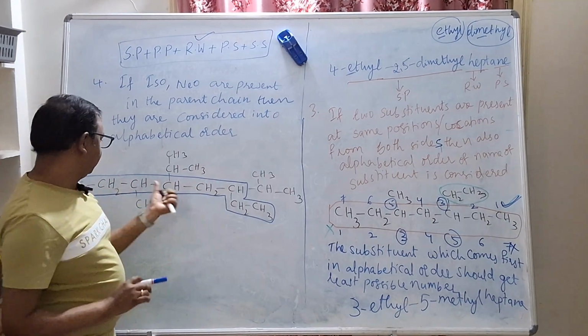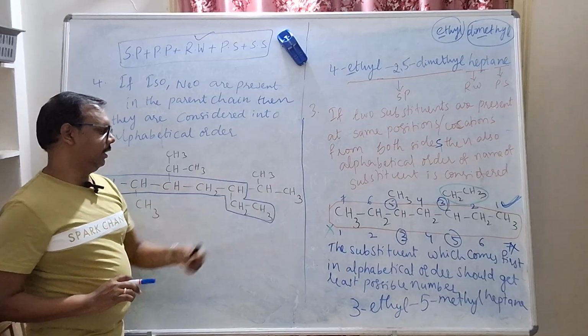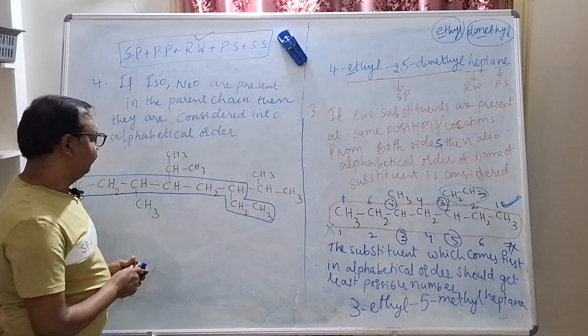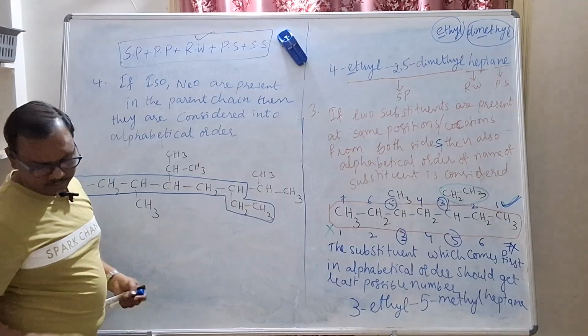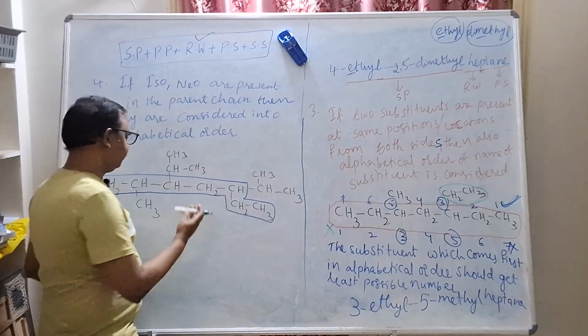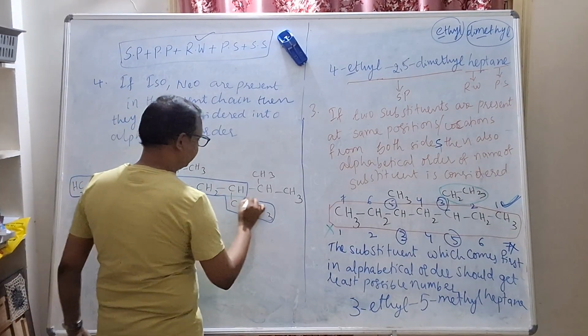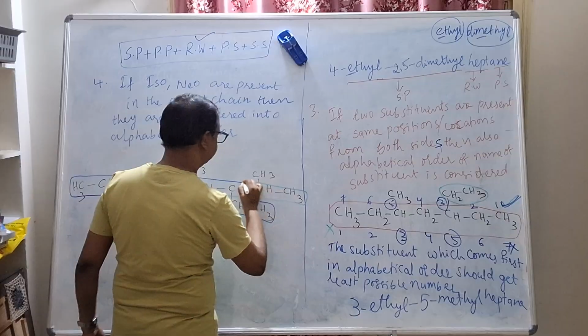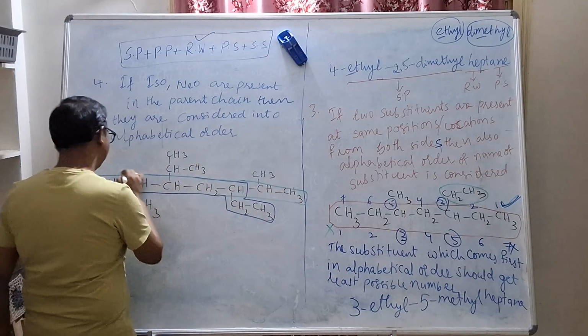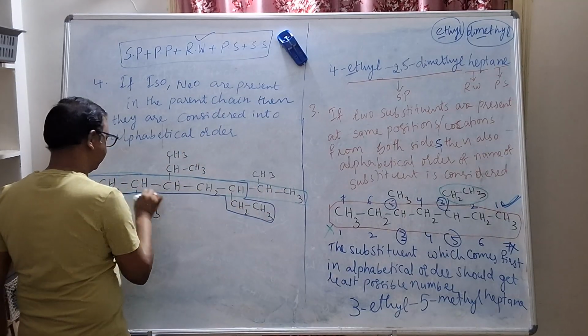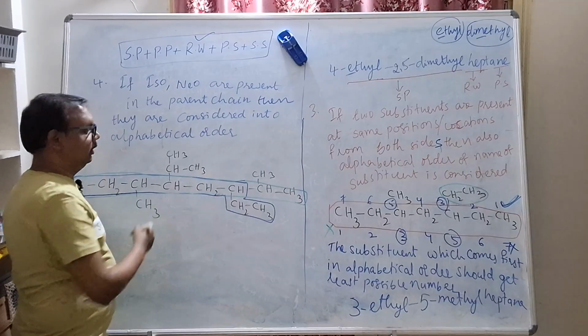If you consider 6 here, 7, 8 here. If you extend the straight chain, one more possibility you will get.